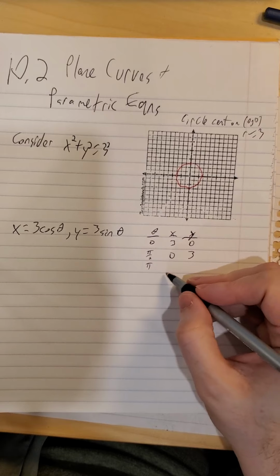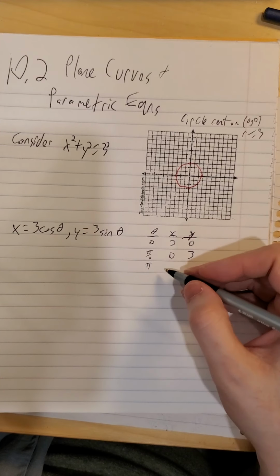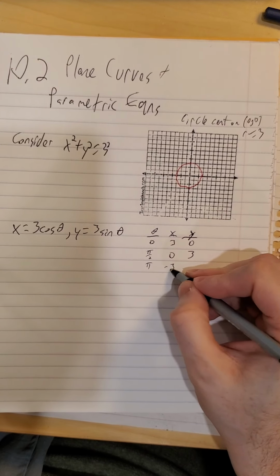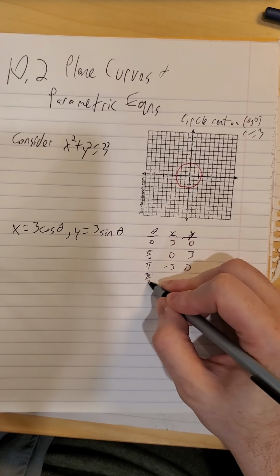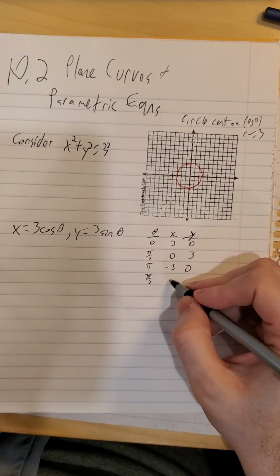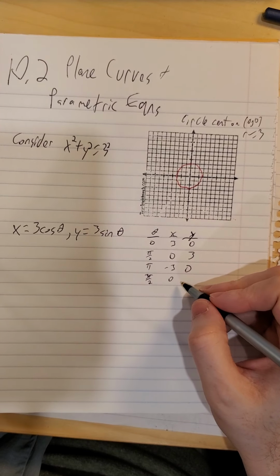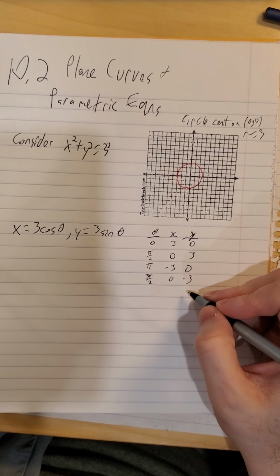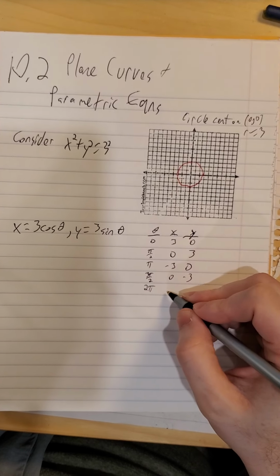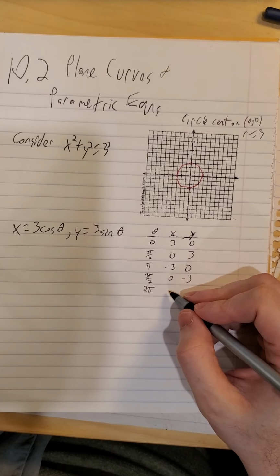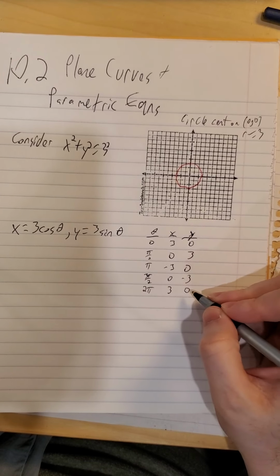At pi, cosine of pi is -1, 3 by -1, -3. Sine of pi is 0, 3 pi over 2. Cosine is 0, sine is -1, 3 by -1, -3. And then at 2 pi, we're back at the same output as before.